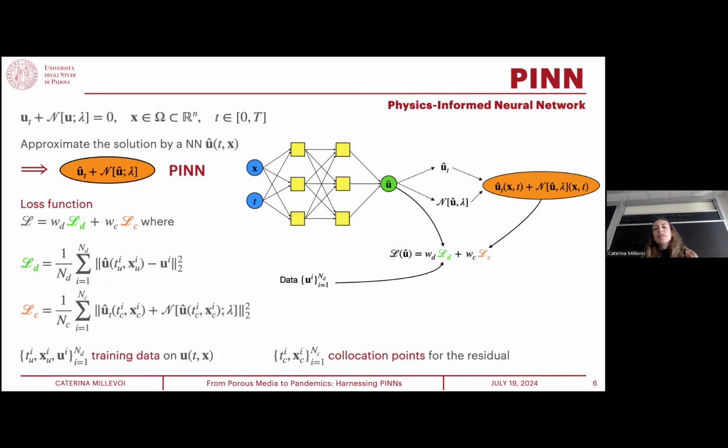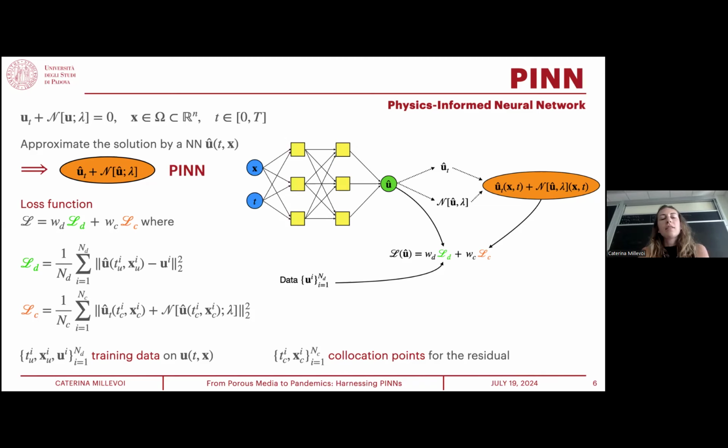PINNs, the acronym of physics-informed neural networks, are a particular type of neural network that, in addition to data, allows you to consider some information coming from the physics that governs the problem. If you know that your problem is governed by a differential equation, you can enrich your data by imposing that your neural network satisfies this differential equation.